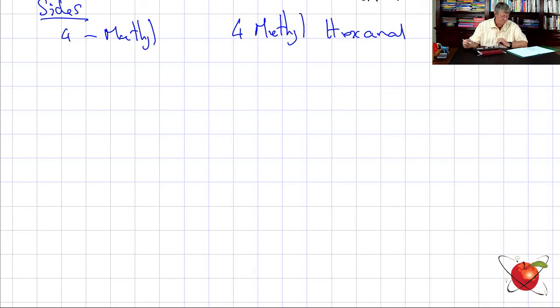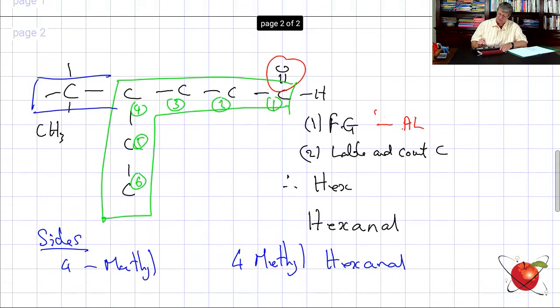Now, let's have a look, and say, for example, let's put another side chain on this guy over here. Let me go back. Put it on black. Let's put another one on. Let's put a CH3 there. Now I've changed it. It's not the same one. It's going to be 2,4-dimethyl.